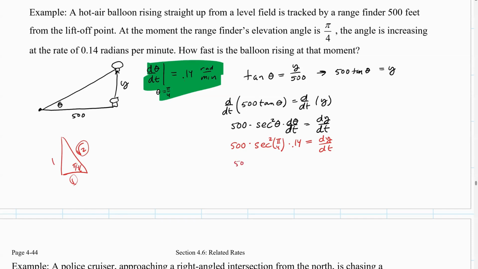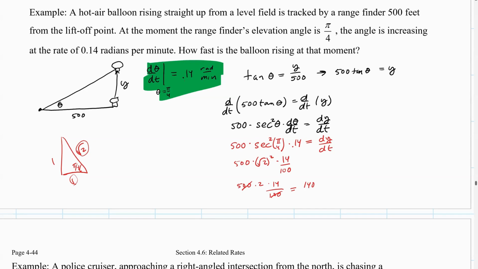So this is going to be 500 times root 2 squared times, and I'll write this as 14 over 100 just to make it a little bit easier to work with. So this is 500 times 2 times 14, and the hundreds cancel. So 5 times 2 times 14. That's 10 times 14.